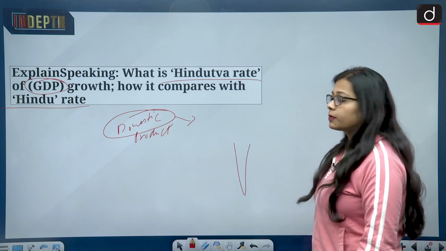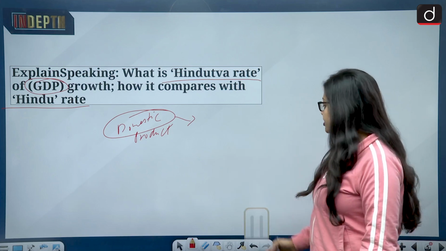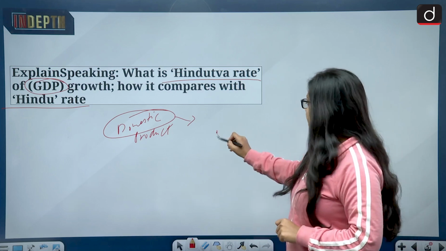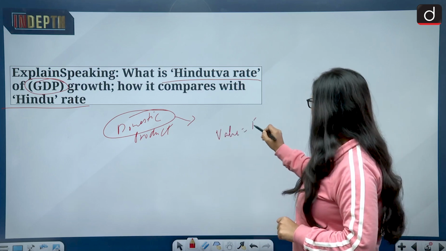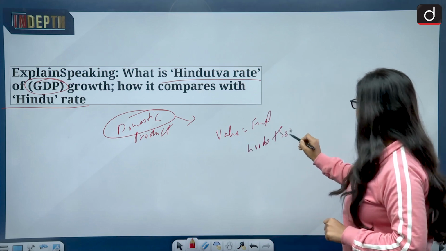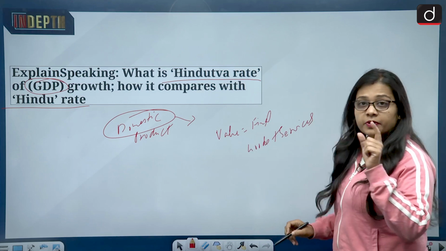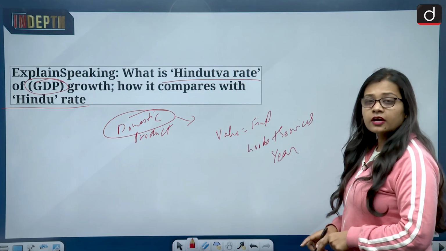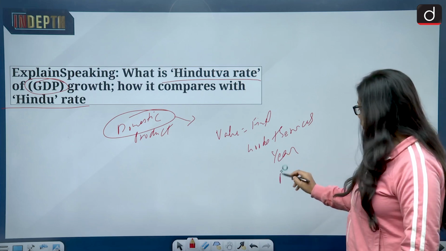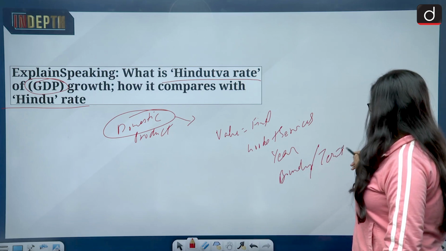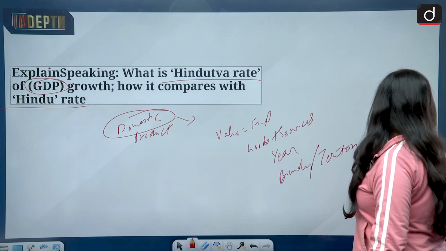So if we talk about India, then India's GDP can be considered the value of final goods and services produced within a year within the boundary or territory of India.